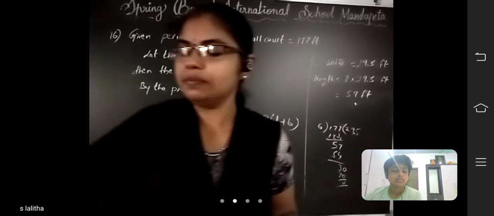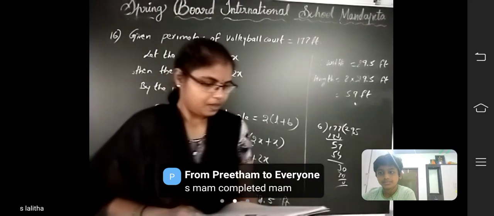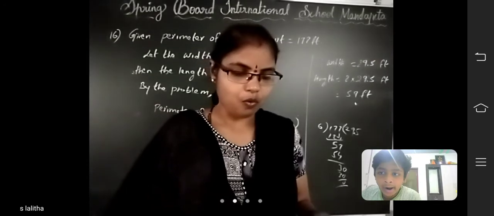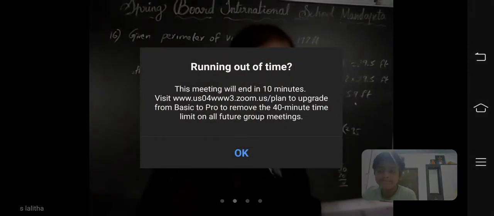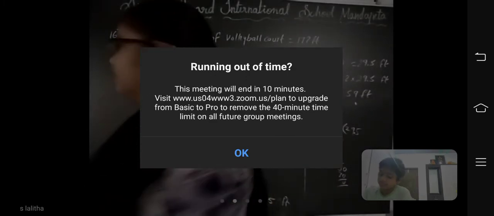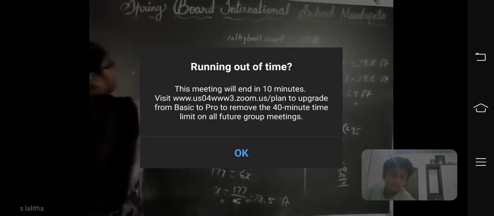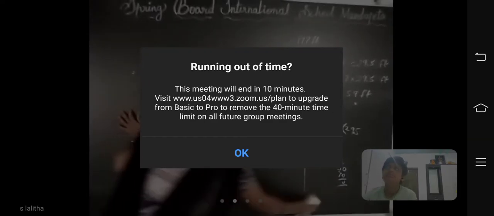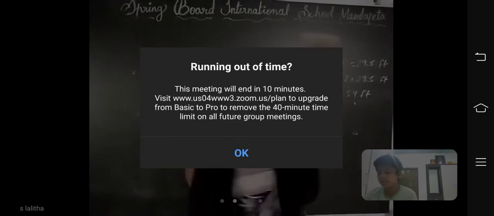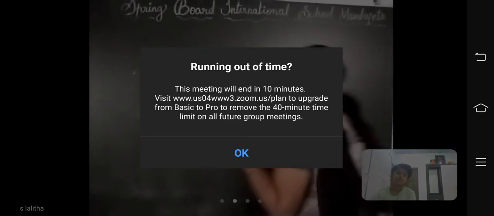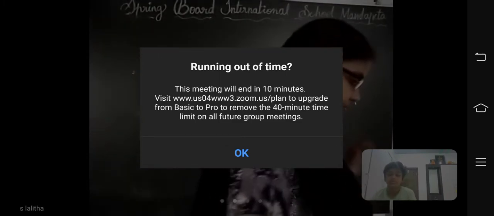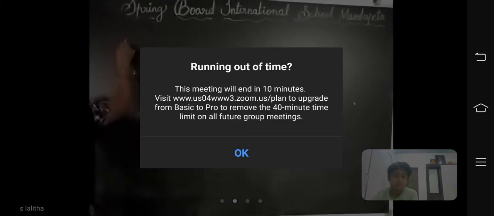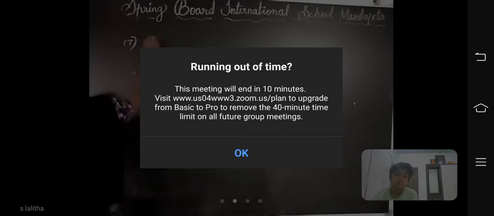You see the next question. The sum of the page numbers on the facing pages of a book is 373. What are the page numbers? You have to find the page numbers. So what is given?